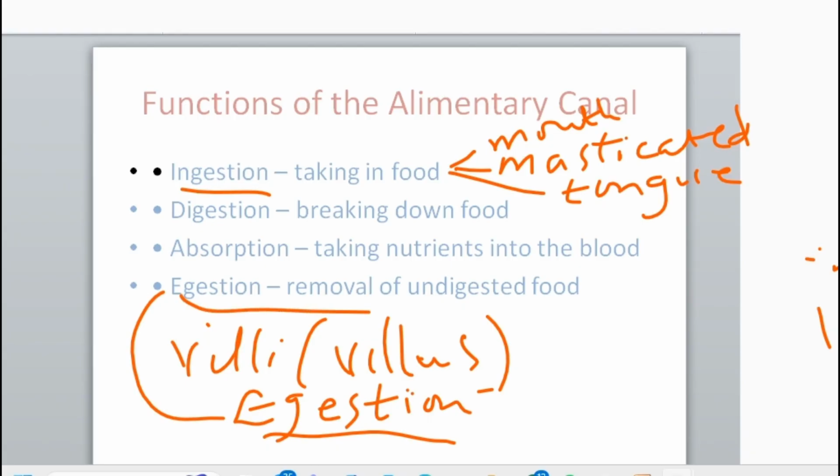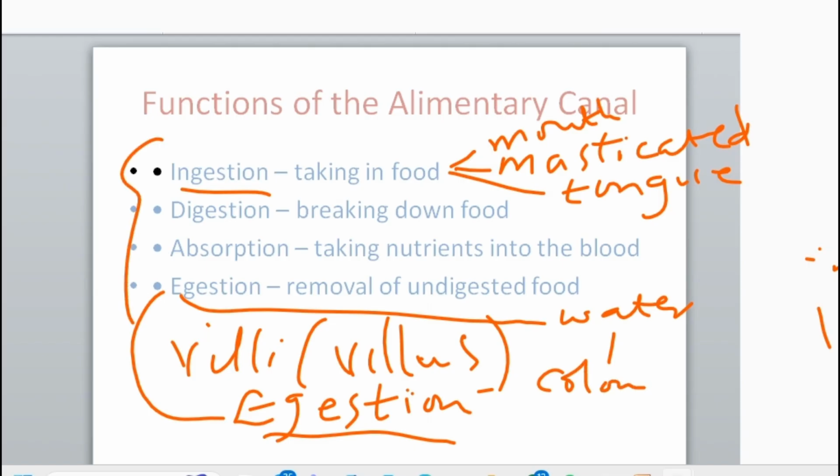Also, absorption of water takes place in the large intestine, or what we call the colon. So these are the basic four functions of the alimentary canal.